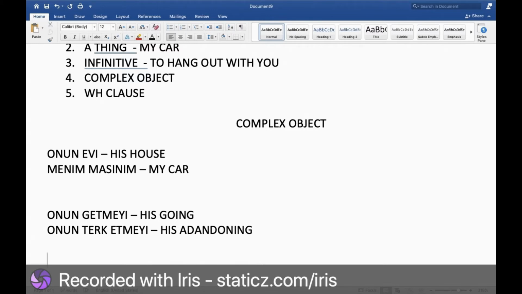And then the infinitive. For example, if we say onun gitmeyi, instead of saying he is going, we say him to go. That's how we create it. Or if we say onun terk etmeyi, we say her to abandon.